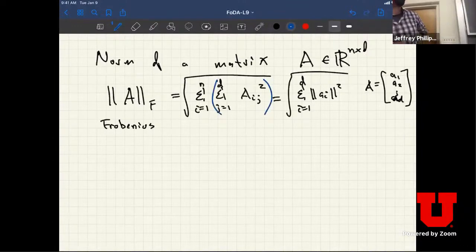When I fix i, it's the same thing here. That's the squared norm of the ith row.